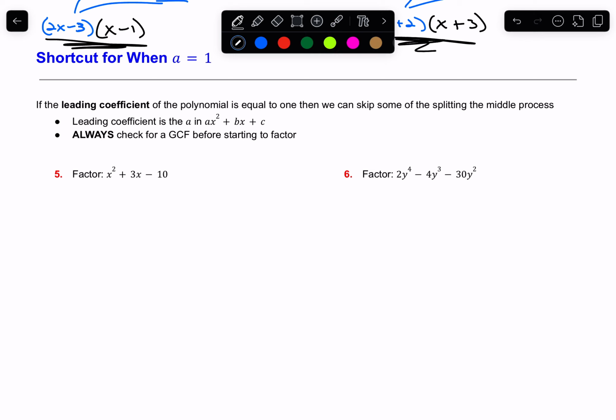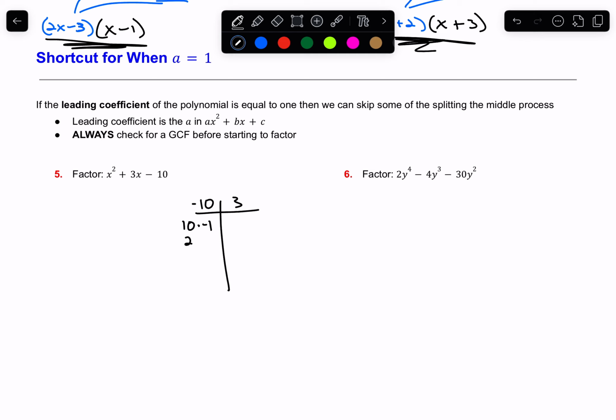We're going to make a t-chart here where we have a times c in the top left. So 1 is the a here, times negative 10 is just negative 10, and the b term is 3. So I want two numbers that multiply to give me negative 10 and add to give me 3. I might try 10 times negative 1 multiplies to be negative 10.